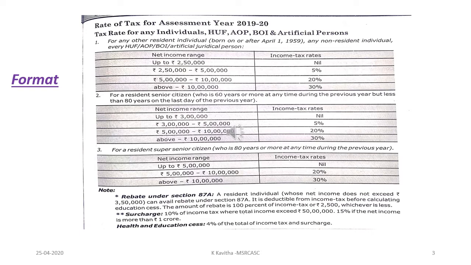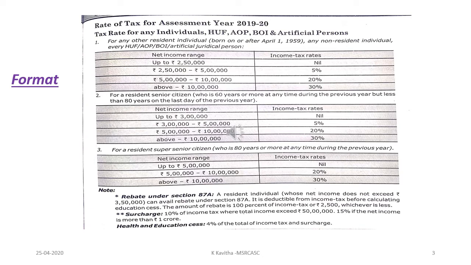Same way, for the senior citizens, those who are above the age of 60 years but less than 80 years, up to 3 lakhs there is no tax. 3 lakh to 5 lakh means the 2 lakhs difference amount, 5% they have to pay. How do we calculate normally? 3 to 5 lakhs means 2 lakhs; 5% of 2 lakhs we have to take.